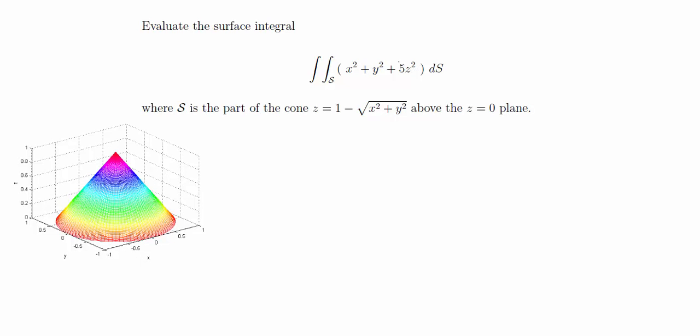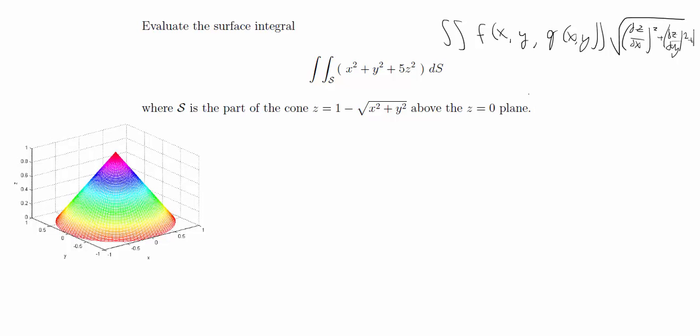We're going to use a similar equation to last time, in that the surface integral equals the double integral times the square root of (partial z partial x) squared plus (partial z partial y) squared plus 1, except now we're going to switch to cylindrical coordinates because that will make it a lot easier, and instead of x and y we're going to have theta and r as the variables.